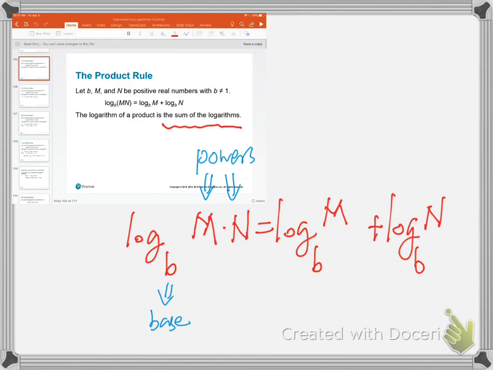Let's look at some examples. Let's say log 2 of 3 times 5. Now we use the product rule.